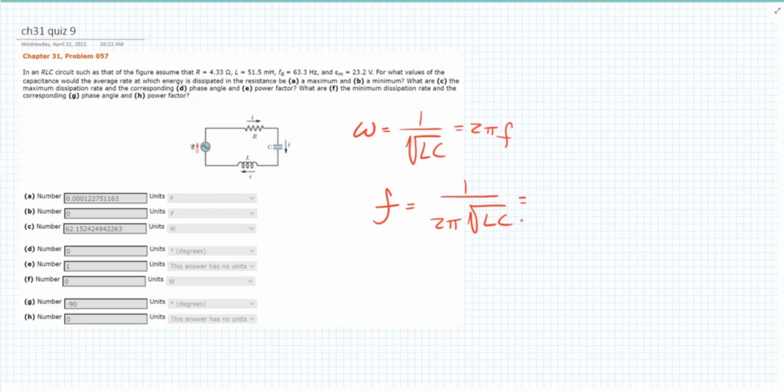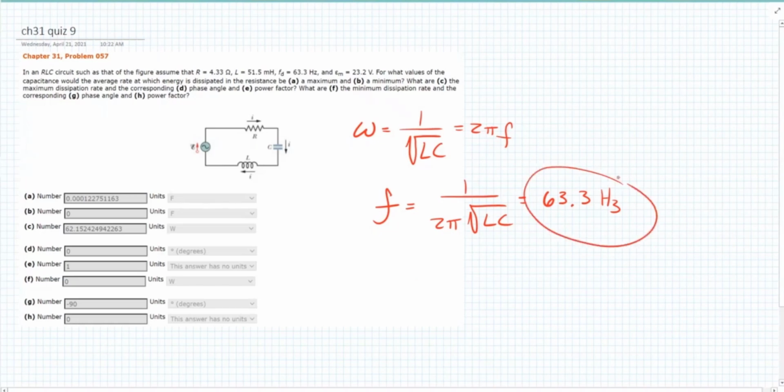All right, I'm getting a frequency of 63.3 hertz. Let me double check my numbers. 1 divided by the square root of L, 0.0515, times C, divided by 2 divided by pi.